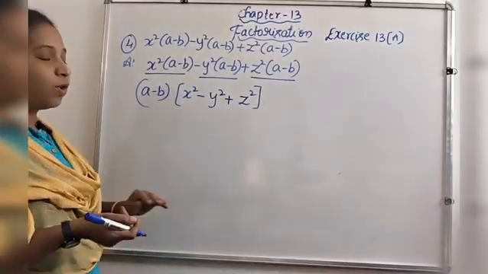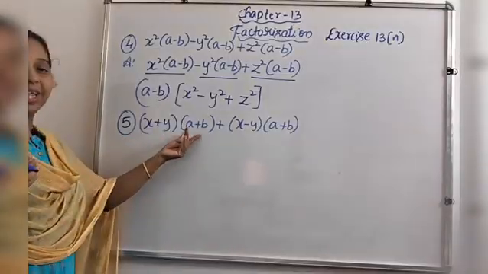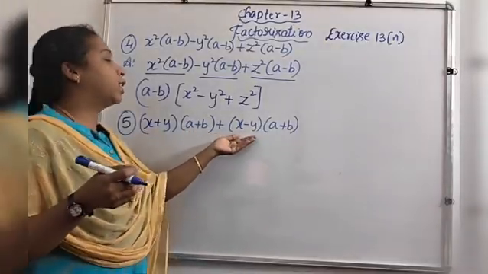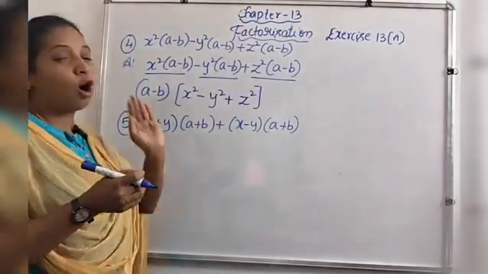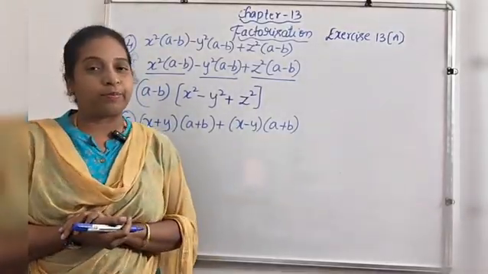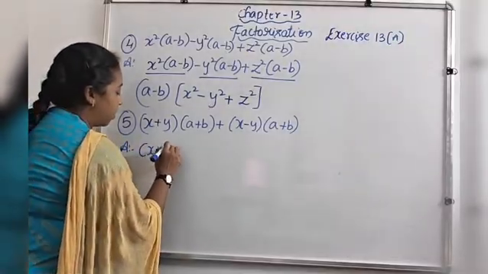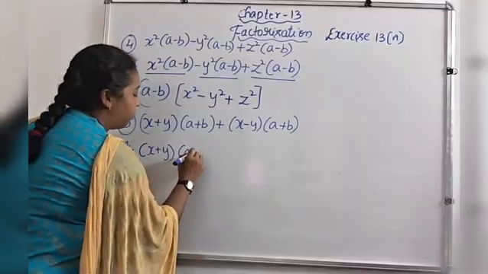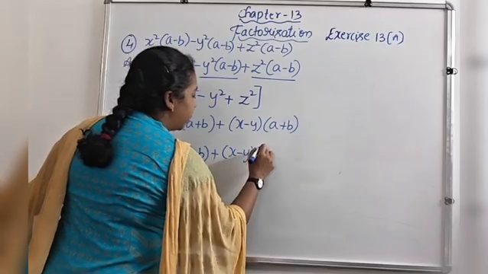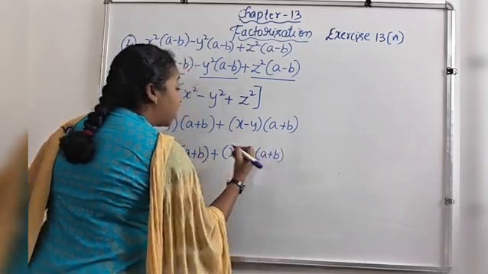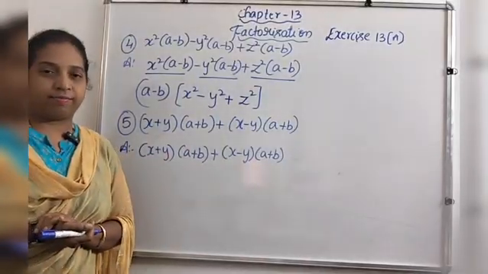Yes. As next we'll go for the fifth question. This is the fifth question. x plus y into a plus b plus x minus y into a plus b. Now just tell me how many terms you will find here.